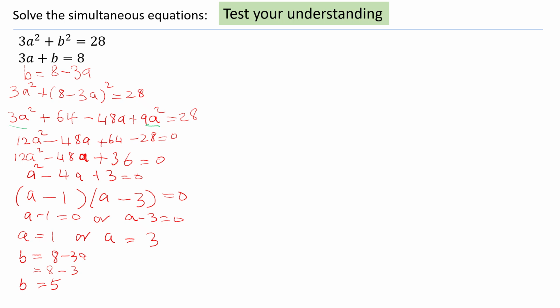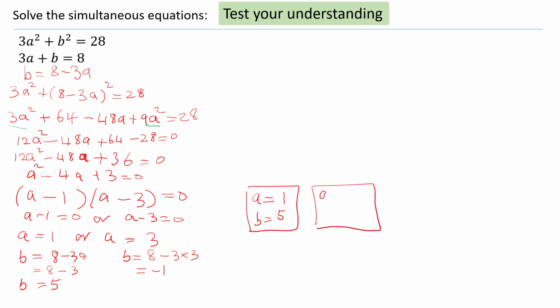So if A equals 3, B equals 8 minus 3 times 3, which is minus 9 plus 8, so minus 1. So the answer: A equals 1, then B equals 5. This is one pair. Another one is if A equals 3, B equals minus 1.